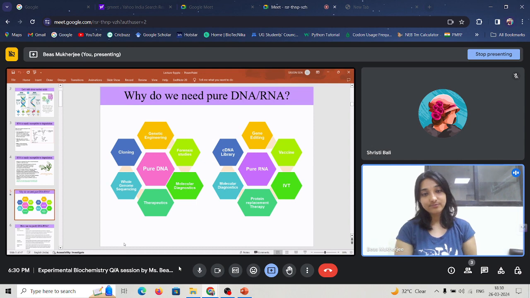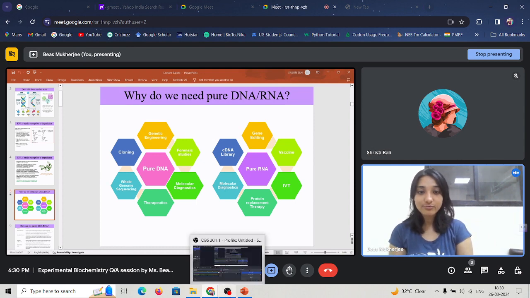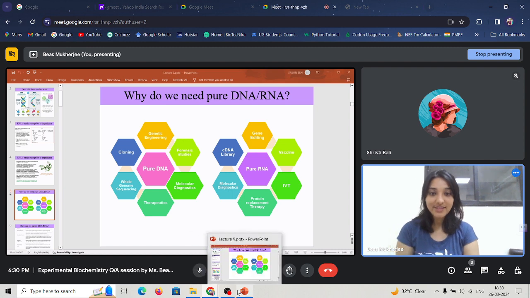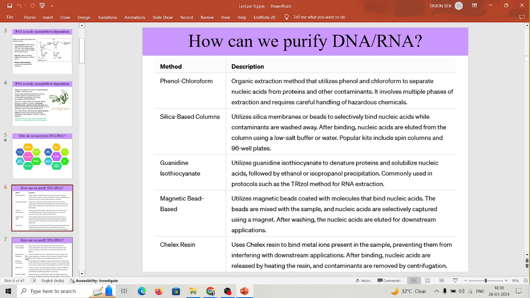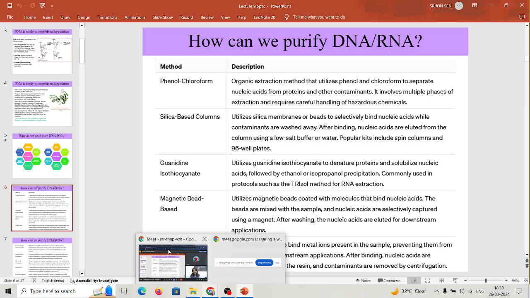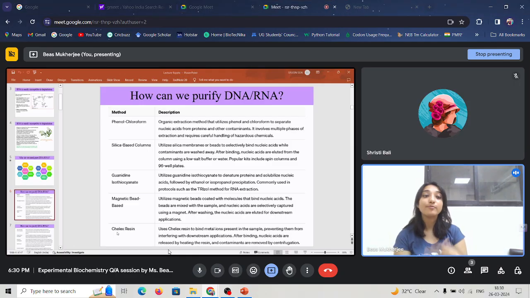That is going to give you a better idea and make you more interested in this subject. Now, this tells us that there are so many different applications of pure DNA and pure RNA. So that tells us how important it is for us to purify DNA and RNA.